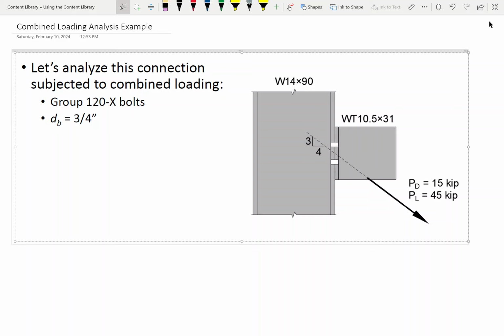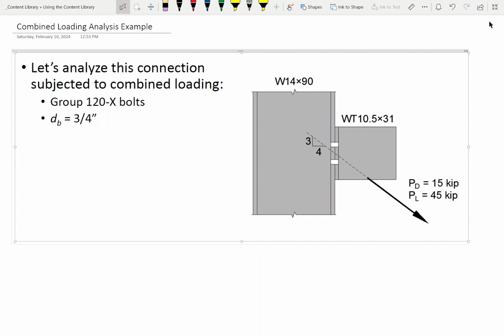I have here an inclined load. So this bolt group is going to experience shear and tension. We're going to analyze this connection to see whether or not it has enough capacity to resist these applied loads. I have a dead load of 15 kips and a live load of 45 kips.